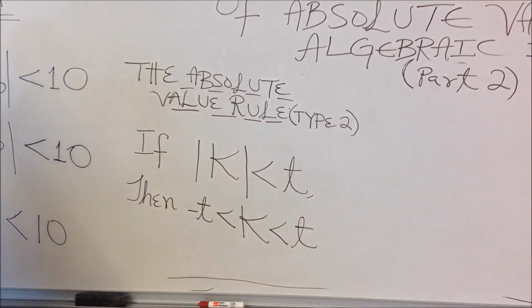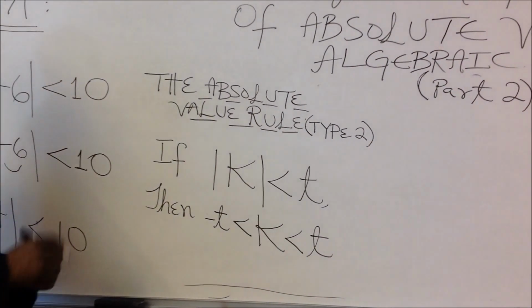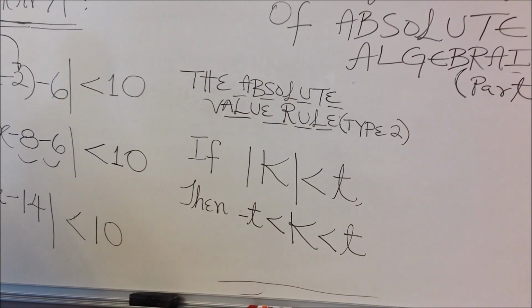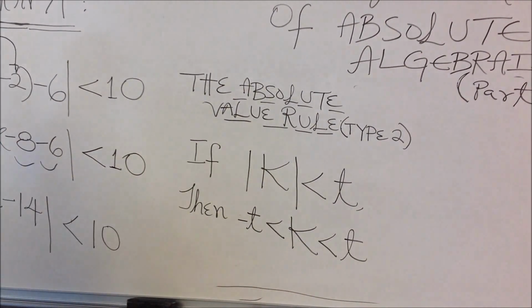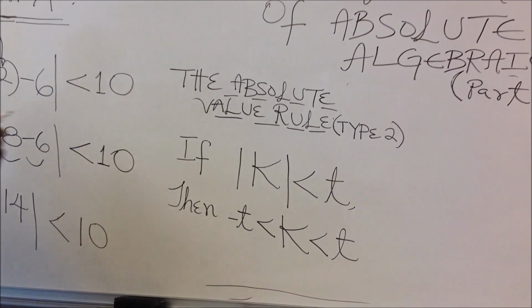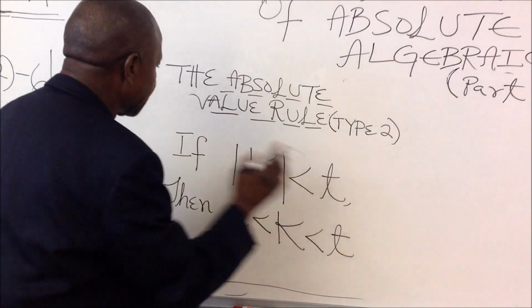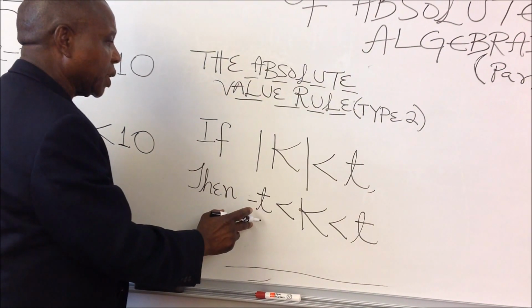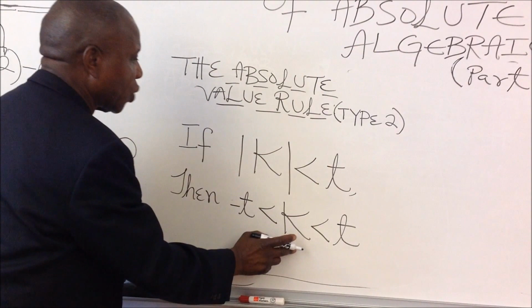I repeat, according to this rule, the absolute value rule, very famous rule of course, if the absolute value of k is less than t, then the negative of t will be less than k, and k will be less than t.